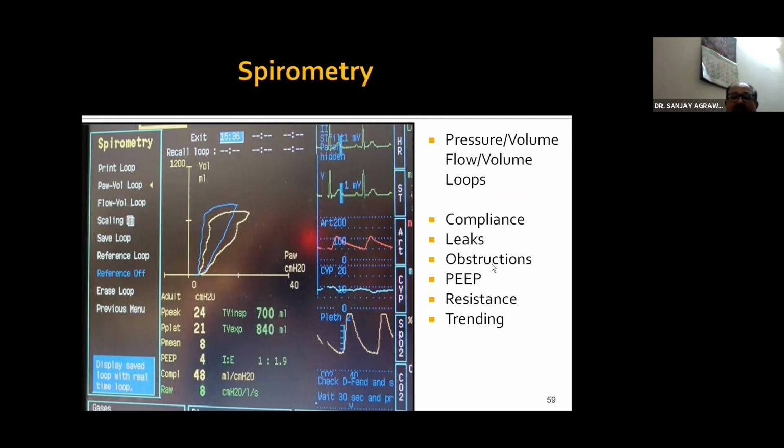So this tells us about the compliance, the leak, any obstruction, the PEEP which has been generated, resistance and the trending. Everything is now visible to us. We can know what respiratory parameters the patient is achieving while we are giving the ventilation.